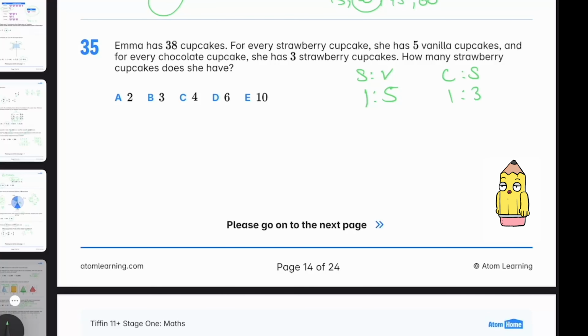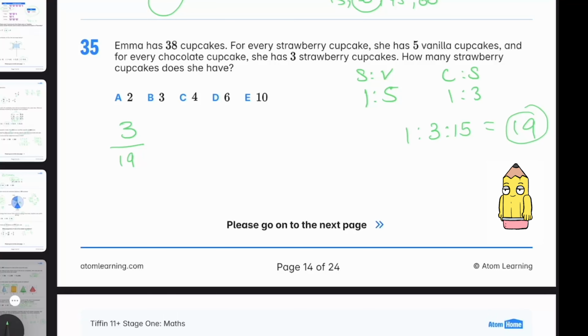And we can therefore write the ratio of chocolate cupcakes to strawberry cupcakes to vanilla cupcakes as 1, 3, 15. Now, to find the fraction of the total that is strawberry, we add together all of these numbers, and that gives us 19. So that means we can represent this as 3 over 19.